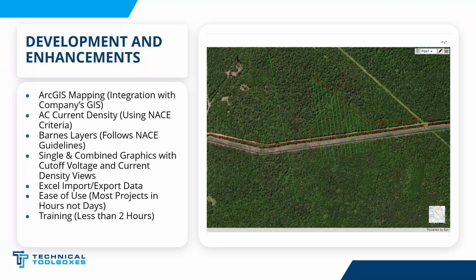And this is our typical ArcGIS system. We're using Esri, and it integrates and complements the AC program, the AC Power Tool. So this is why we call it a power tool. You could create your sections rather quickly. It's point and click.